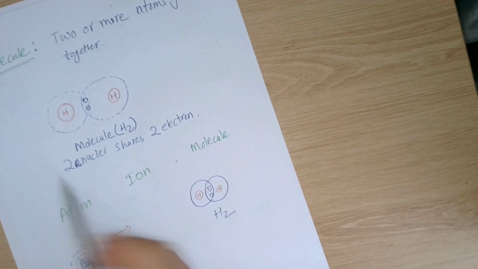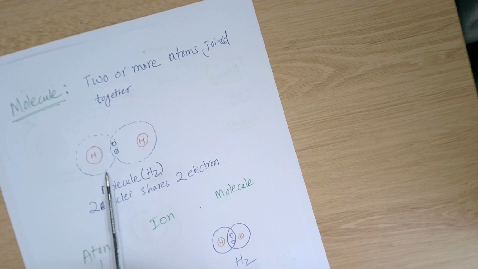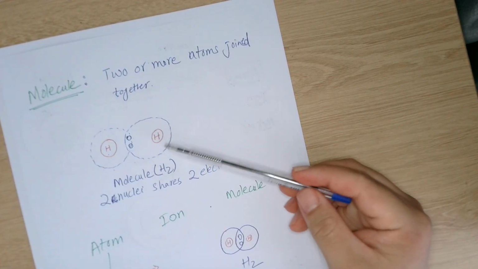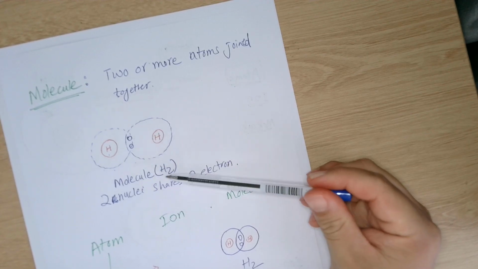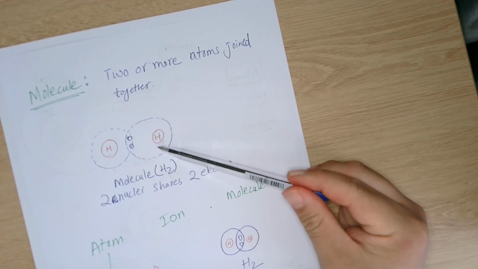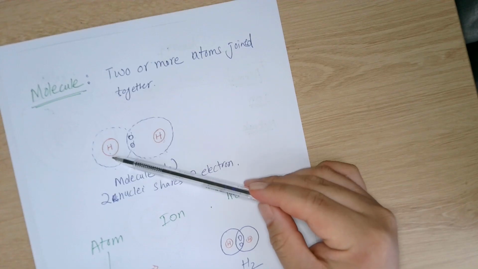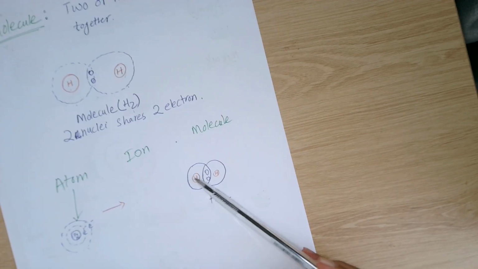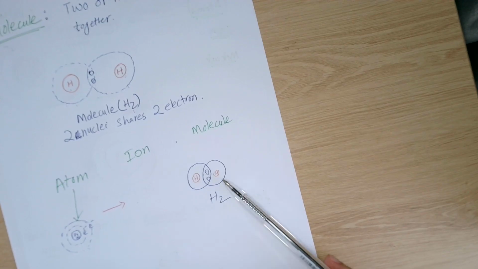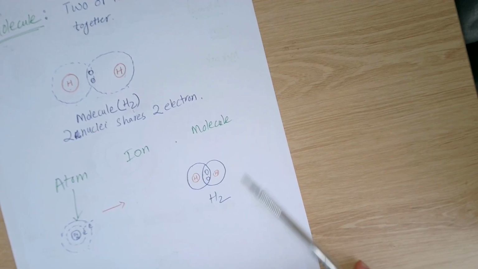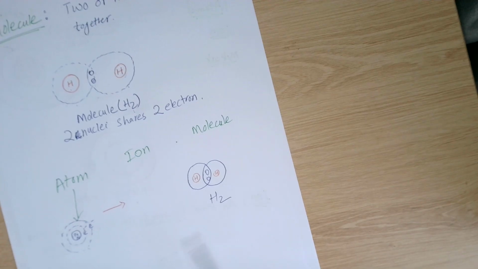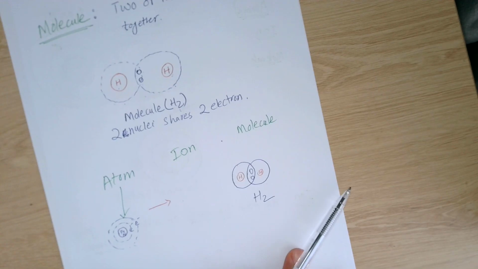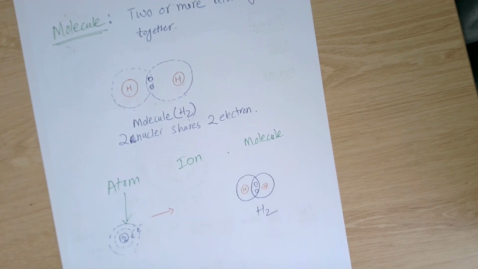And correction, this is not water. This is hydrogen. I apologize, I mentioned water. It is hydrogen. So two hydrogen atoms are sharing electrons with each other and forming one molecule of hydrogen. Let me know if you have any questions.